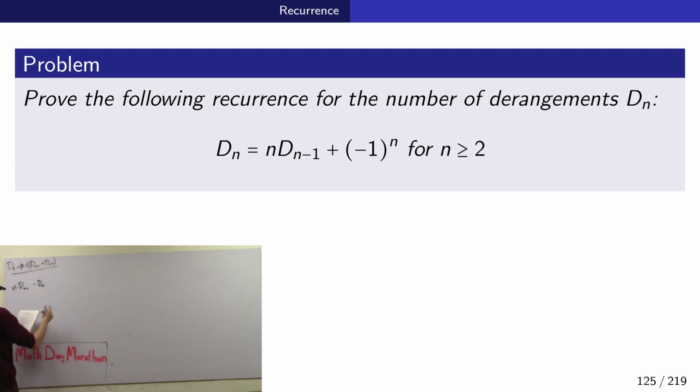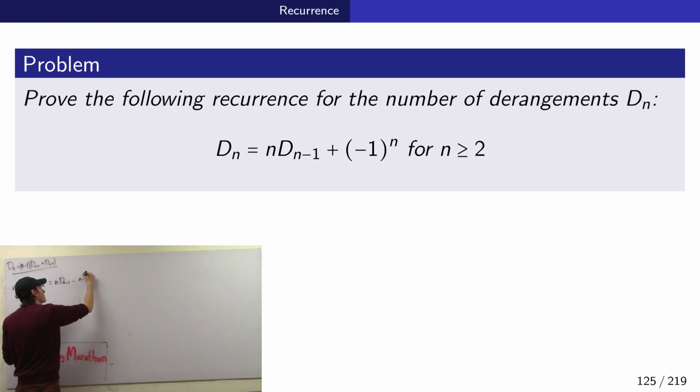This is equal to n times d sub n minus 1, and then I'm going to replace this term d sub n with what I already know, defined by a previous recurrence: minus n minus 1 times d sub n minus 1 plus d sub n minus 2.